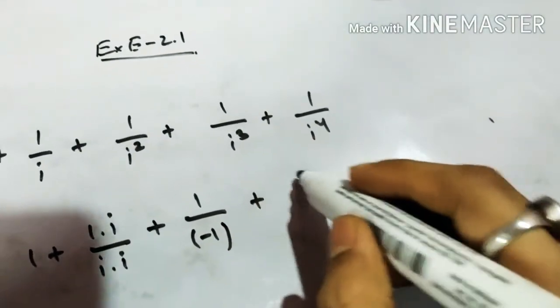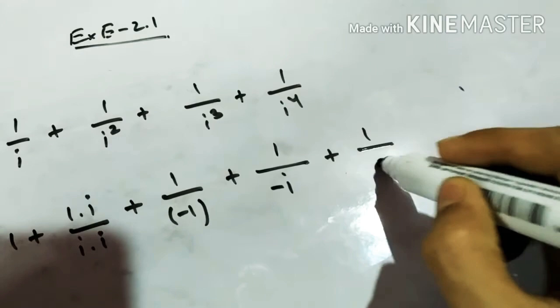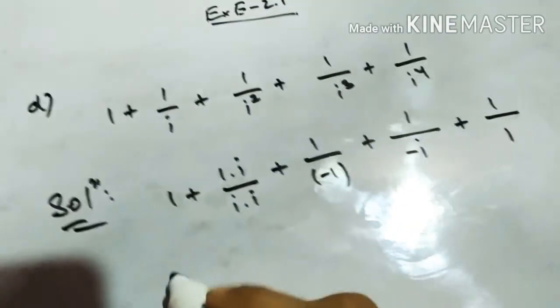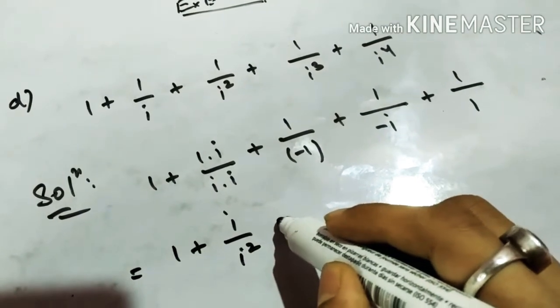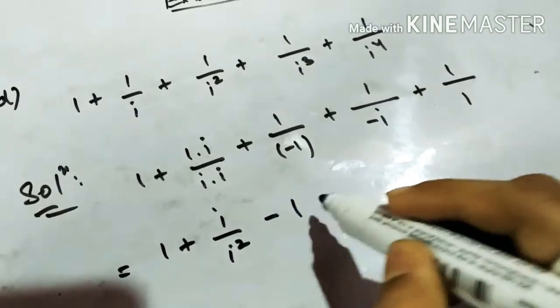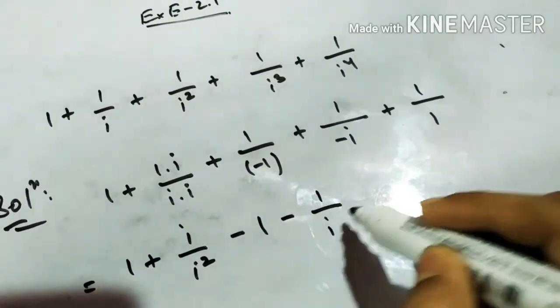So I can directly write in here i^3 as minus i, 1 by minus i plus 1 by 1. 1 plus i by i^2 minus 1 by i plus 1.